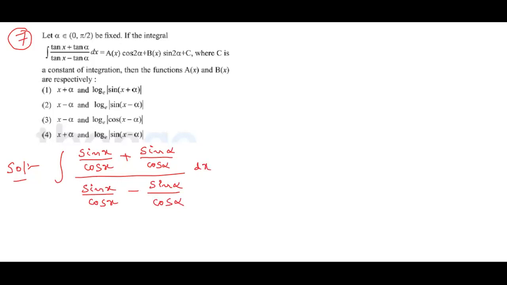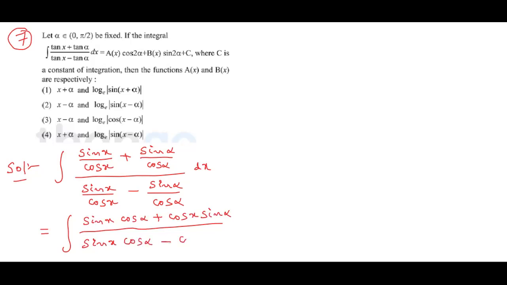Now numerator and denominator take LCM. The LCM is going to cancel. Then the remaining part: sin x cos alpha plus cos x sin alpha. In the denominator also the same, with a small difference, that is negative: sin x cos alpha minus cos x sin alpha dx.